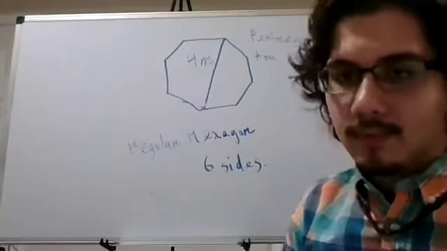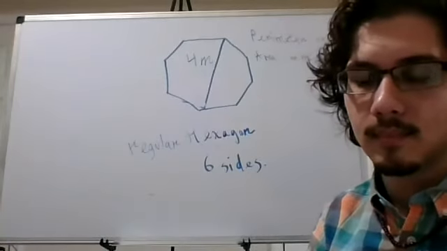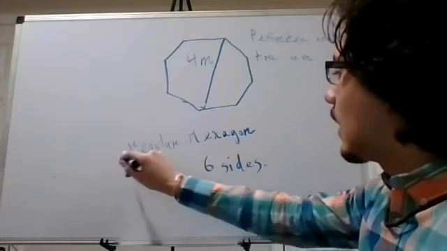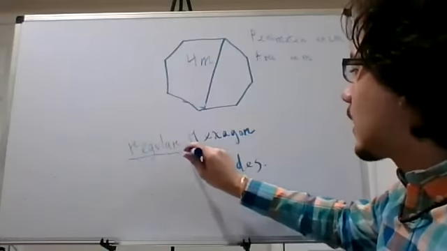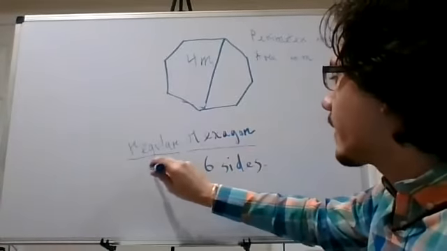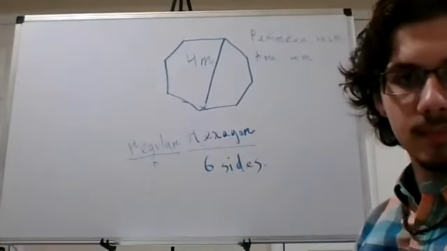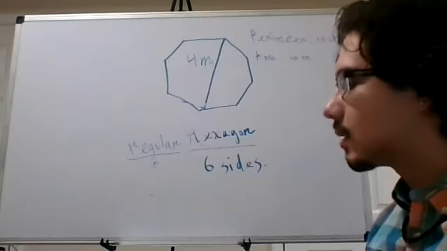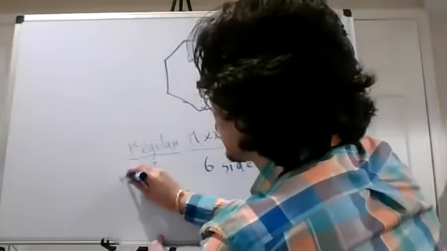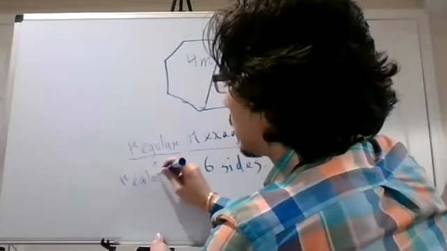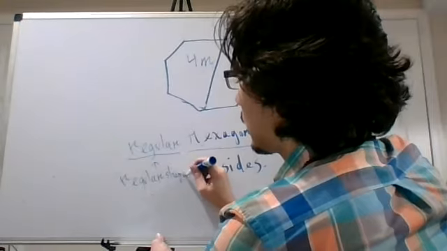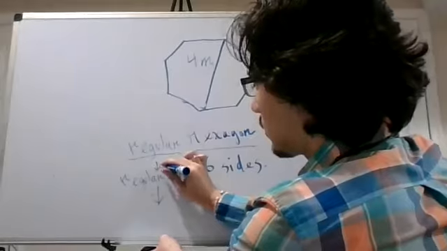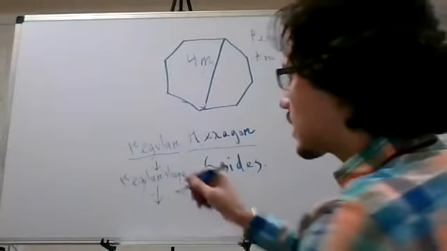Ms. Delana, are you there? Yes, sir. What does a regular hexagon mean? So what does regular mean? Regular. I mean, it's a regular shape. Yes. So a regular shape. Do we know anything about regular shapes? They're 2D. Okay, shapes are 2D.